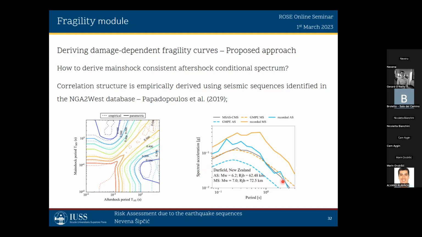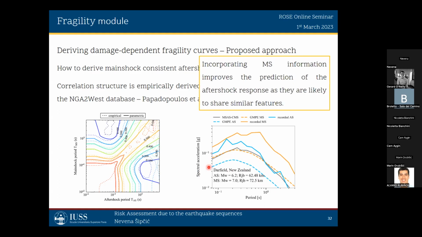And you can see that the recorded aftershock, which is this blue solid line, actually matches the conditional spectra way better than the mean from the GMP. What this basically means is that if we incorporate main shock information, we can improve the prediction of the aftershock response.